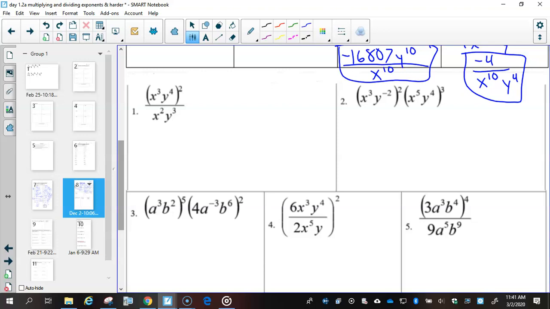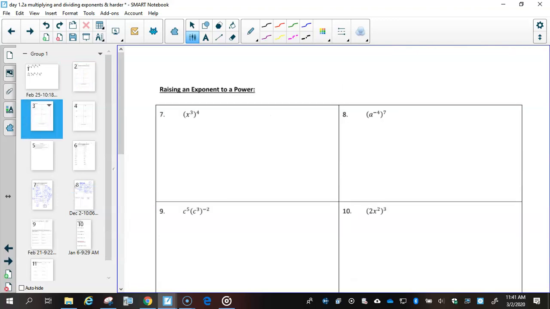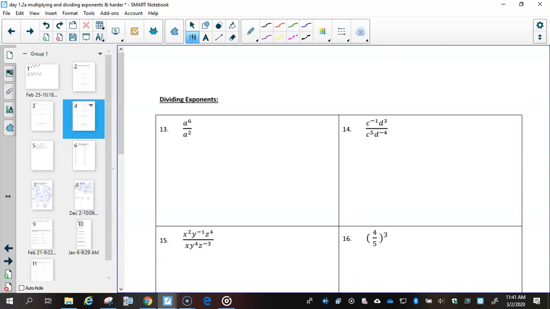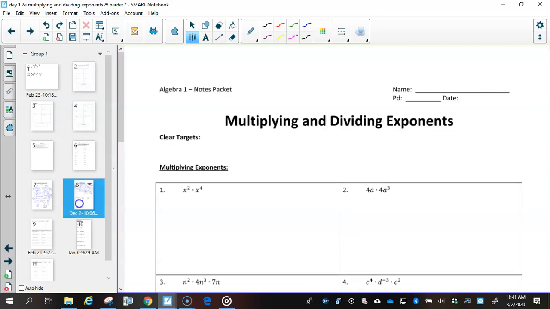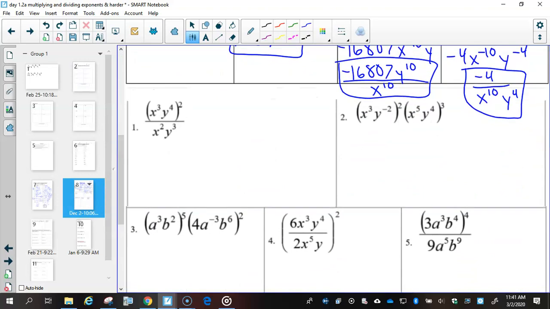That was probably a badly worded question. If we go back in those notes, each one was titled something. Which of these titles relates to those parentheses? Multiplying. We will multiply the exponents because we're raising the exponents to a power.